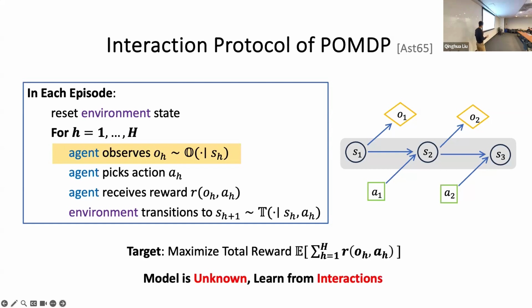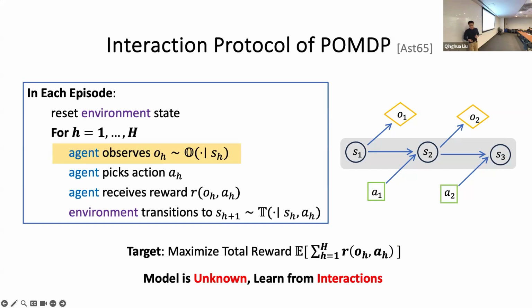The learning goal in POMDP is to find a good strategy, a policy, to pick actions so that we can maximize the expected cumulative reward per episode.